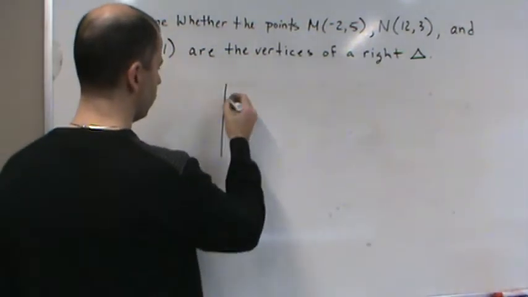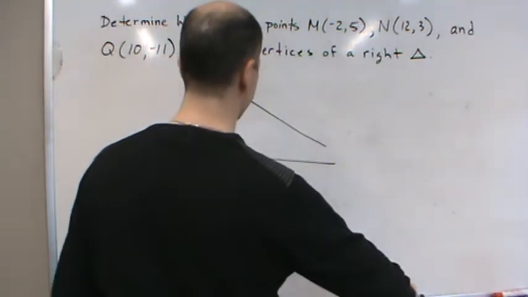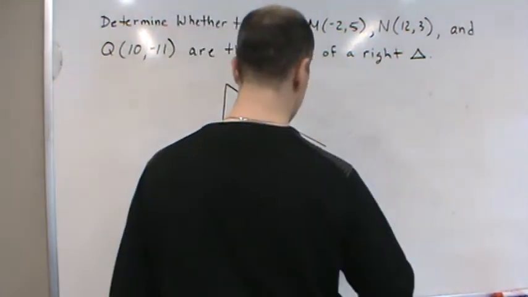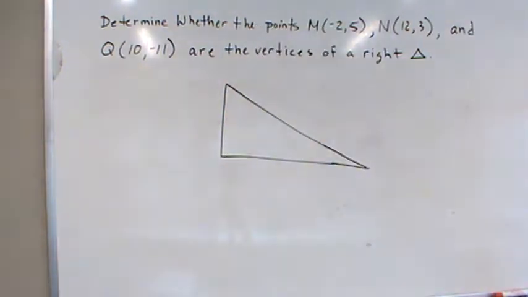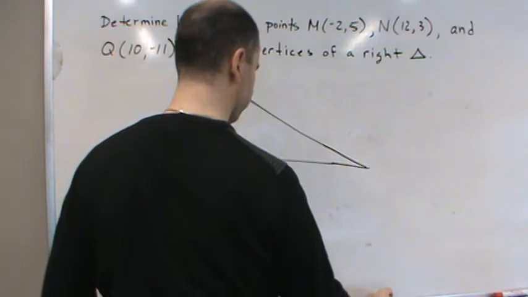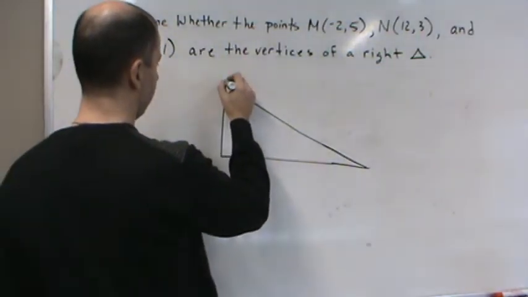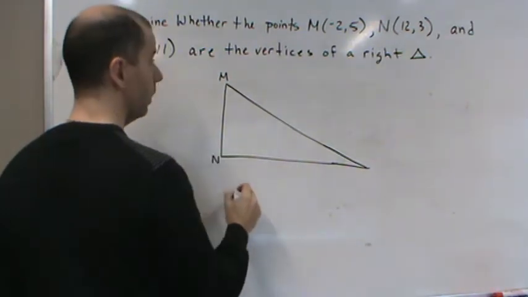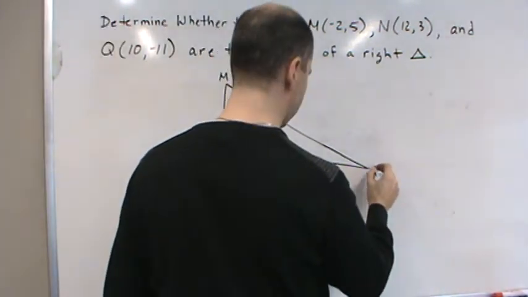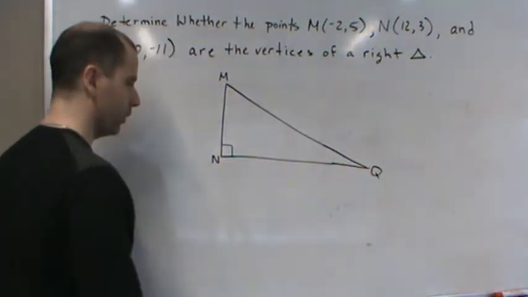So let's just draw a triangle, and let's say points M, N, and Q. Now I don't know what order these are in. All I'm doing is drawing a right triangle so I know what's going on.